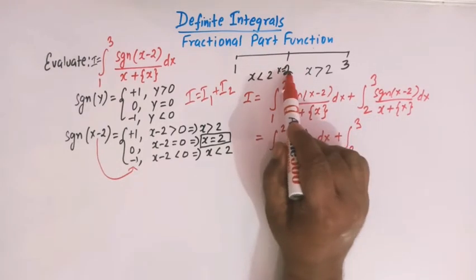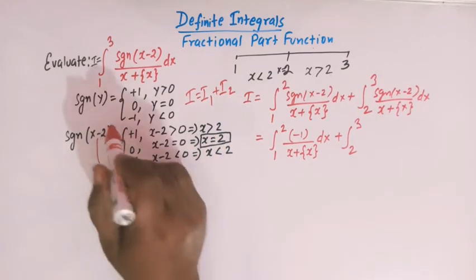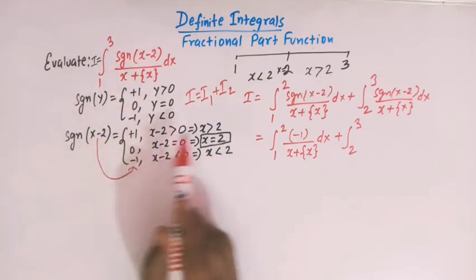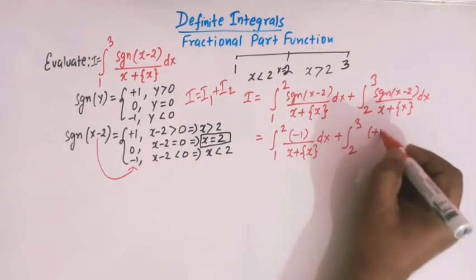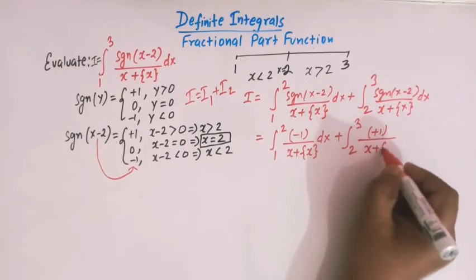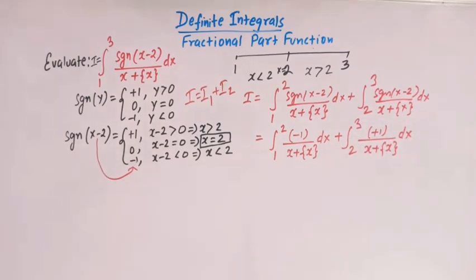When x varies from 2 to 3, it means x is greater than 2, so signum of x minus 2 is plus 1 when x is greater than 2. So here we have plus 1 over x plus fractional part of x.